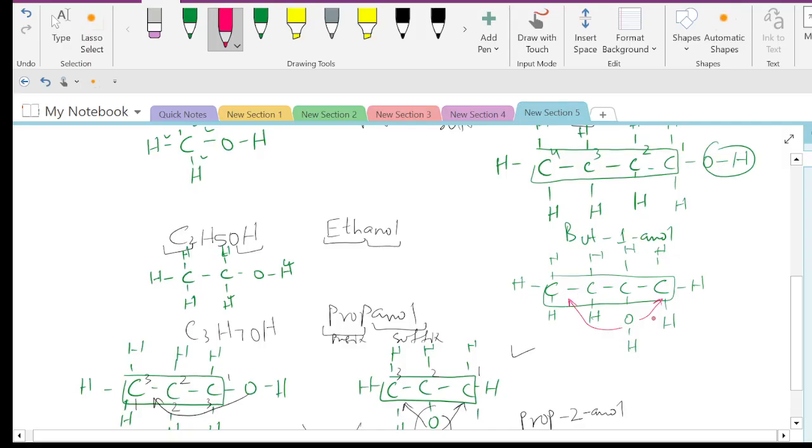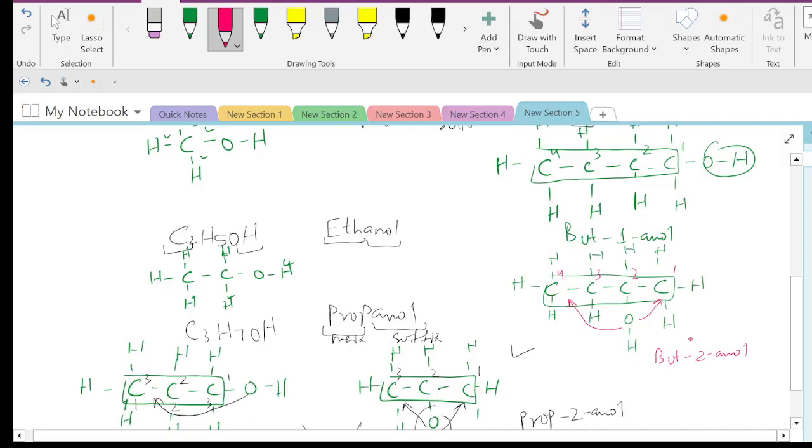So according to the rule we have to start the numbering from the right hand side carbon. So this will be the first, second, third and fourth. So it would be but-2-ol.